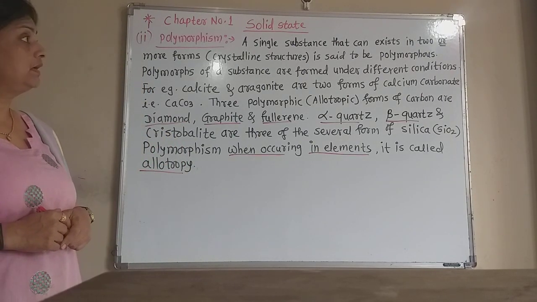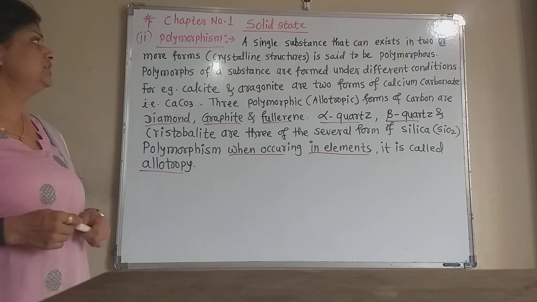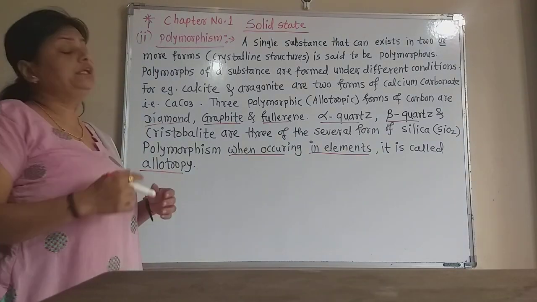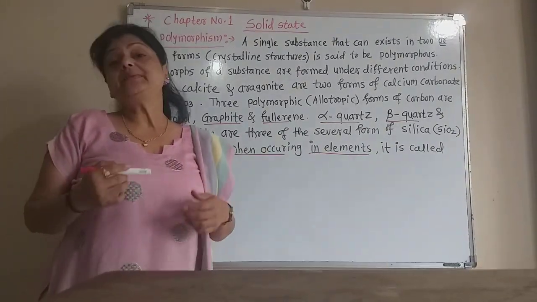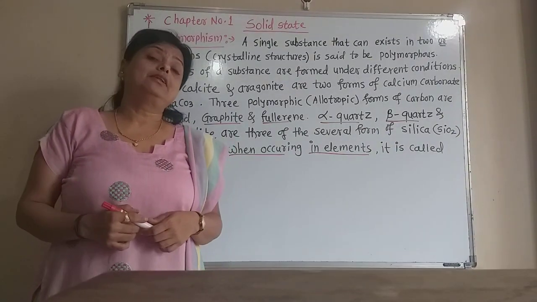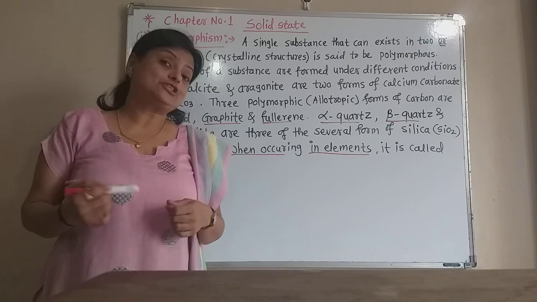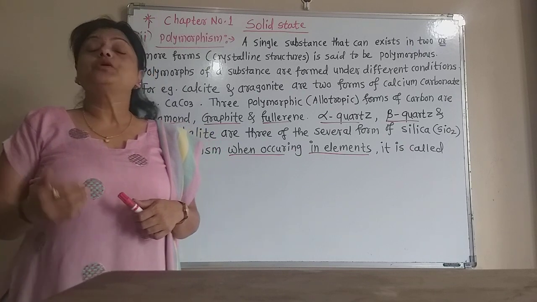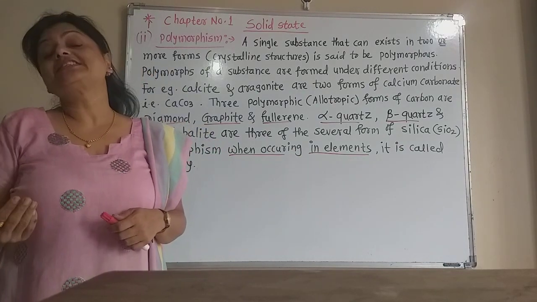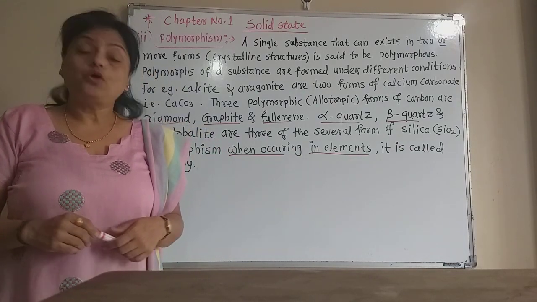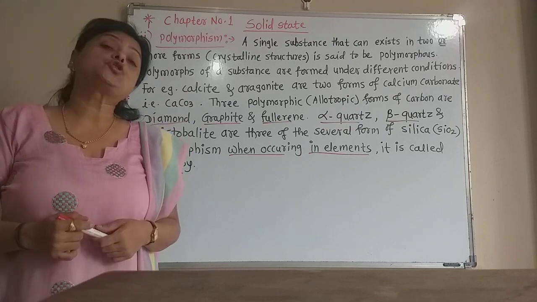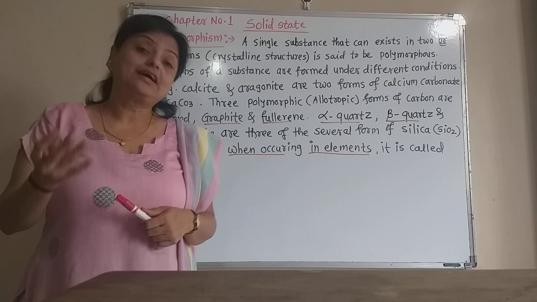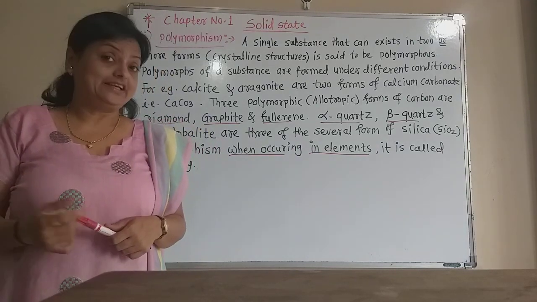These polymorphs of the substance are formed under different conditions. When polymorphism occurs in elements, it is called allotropy. We know the allotropes of carbon, such as diamond, graphite and fullerene.